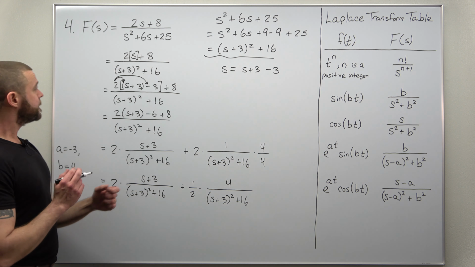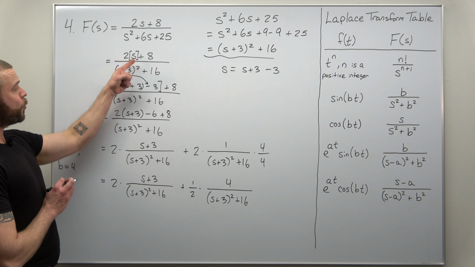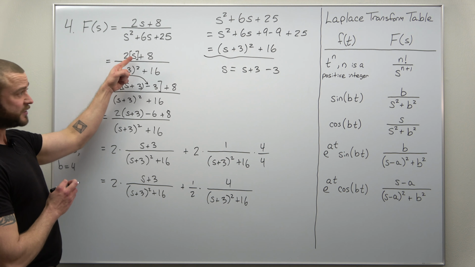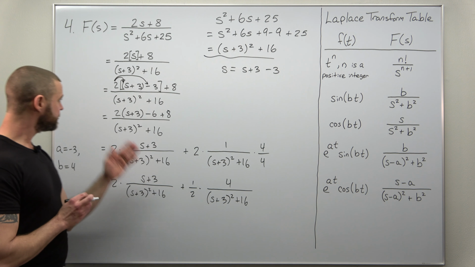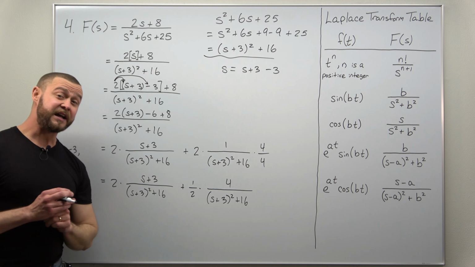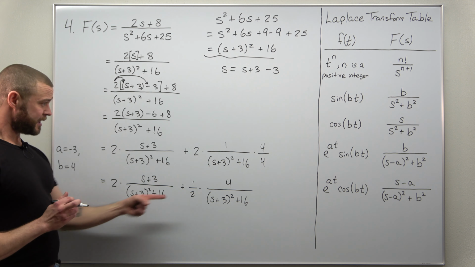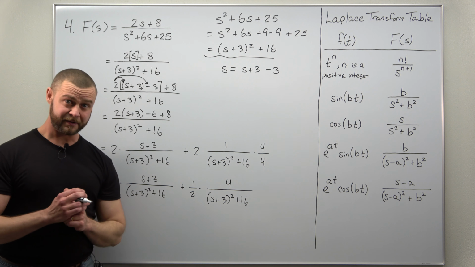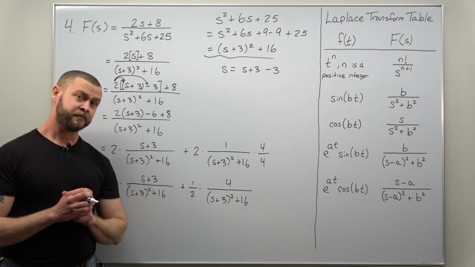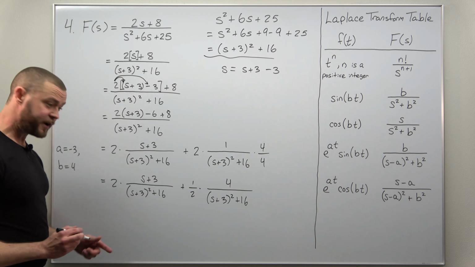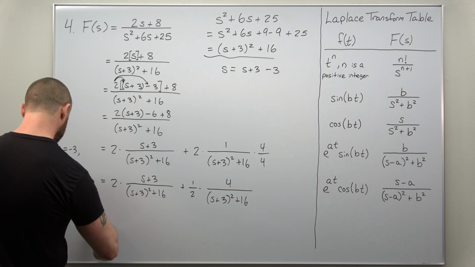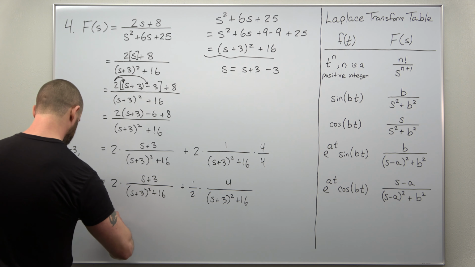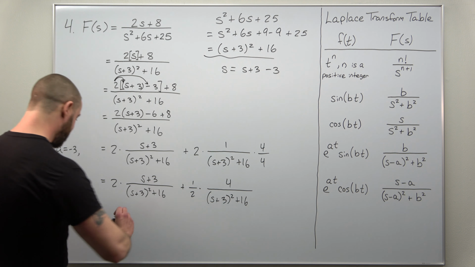Just to trace back, most of the work occurred here, replacing s with s plus 3 minus 3, and the rest of it was just expanding, distributing, and now at the end here, adjusting missing factors. So we should be able to transform to f of t, or little f of t, I should say. And we have a factor of 2 out front.